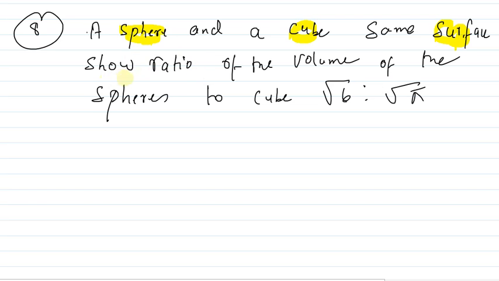So we have to show, that means prove, the volume of the sphere to the cube, and the ratio is given √6 is to root pi. Are you getting the meaning of the question?